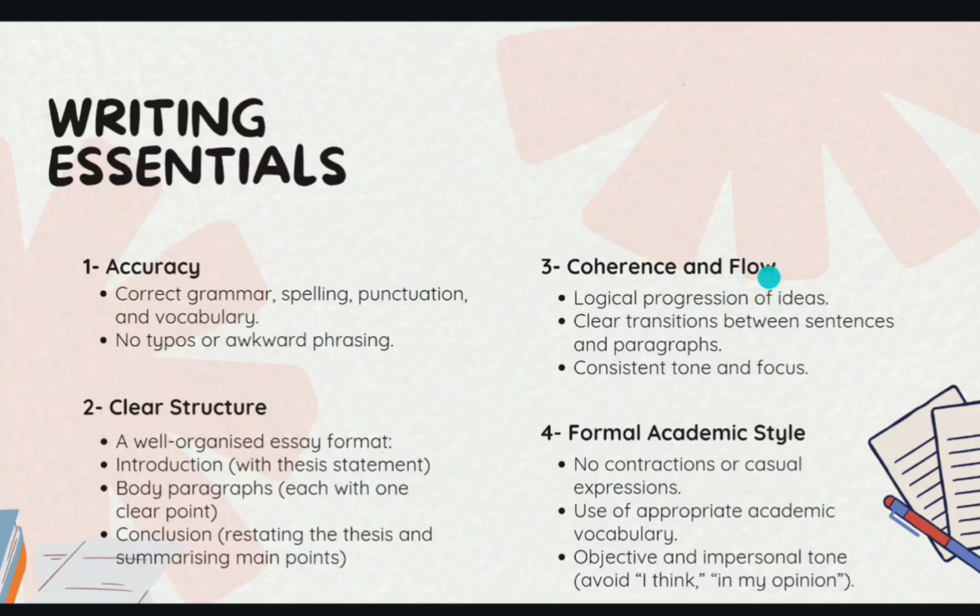Also coherence and flow, logical progression of ideas, clear transitions between sentences and paragraphs, consistent tone and focus, etc. And we have the formal academic style. No contractions, no casual expressions, the use of appropriate academic vocabulary, objective and impersonal tone, so we always avoid using "I think," "in my opinion," etc. And we go for more of an objective style.